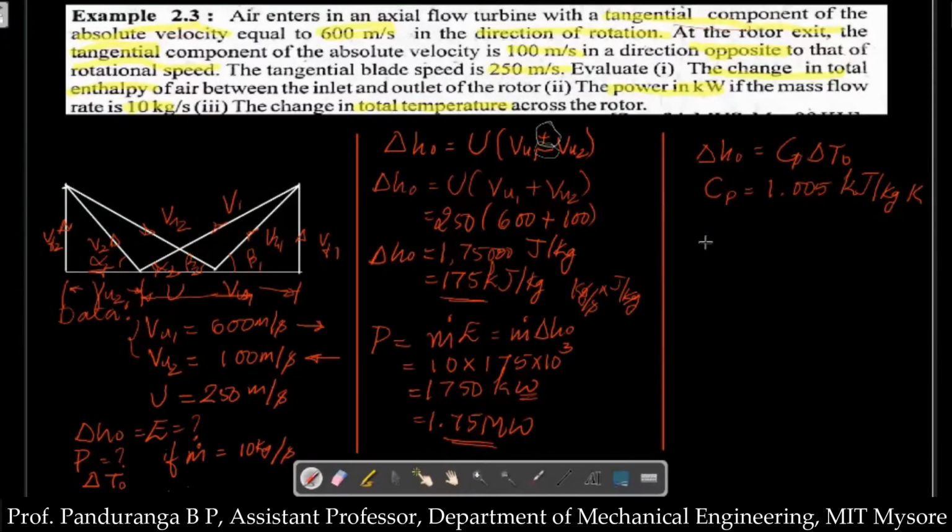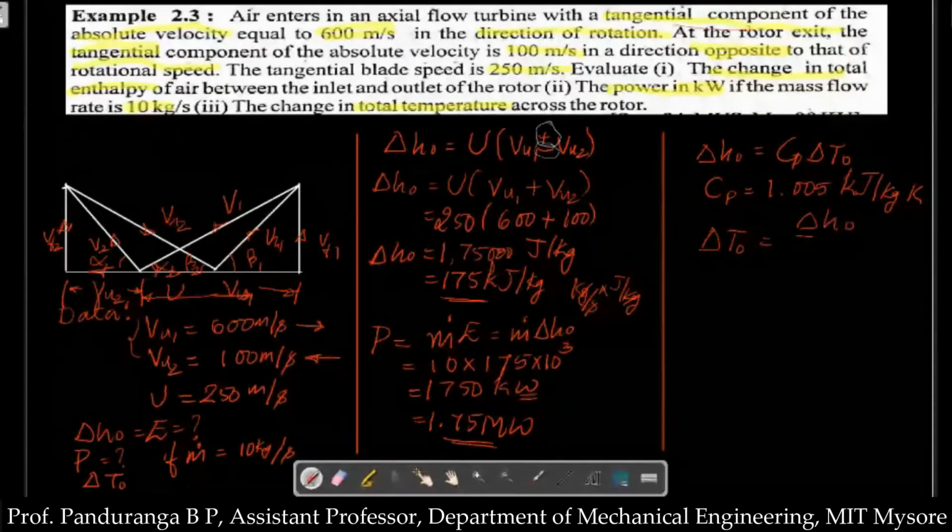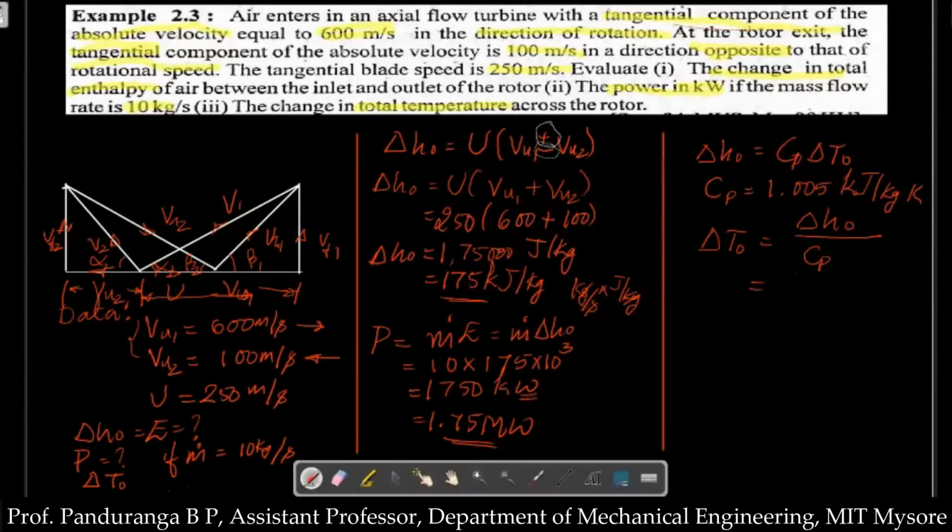Now from this I can write delta T naught will be equal to delta H naught divided by Cp, which is equal to 1750 into 10 to the power of 3 divided by 1.005 into 10 to the power of 3. It is kilojoule per kg, so it is 10 to the power of 3 joule per kg Kelvin. What is change in temperature now?